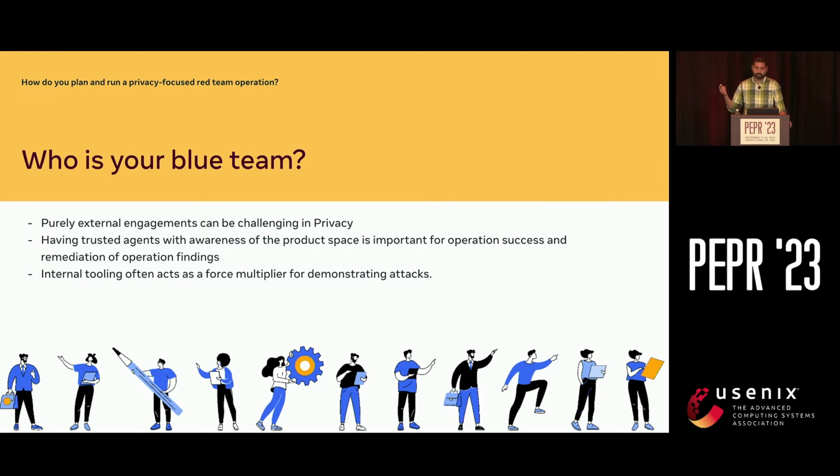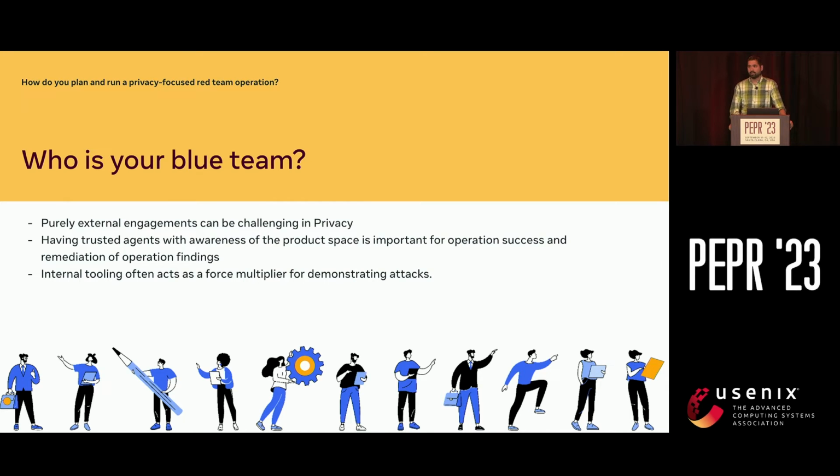The next thing that's useful, and we'll talk about this when we talk about findings, is when you come to remediation, privacy vulnerabilities might not be so simple as this is a SQL injection, you need to fix it. There can be a lot more nuance and back and forth, and having that trusted agent prepped and understanding the operation from the get-go can make remediation a little bit smoother.